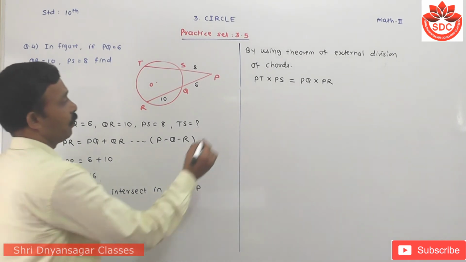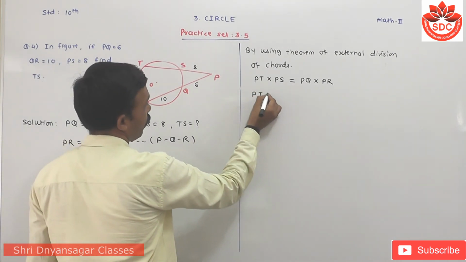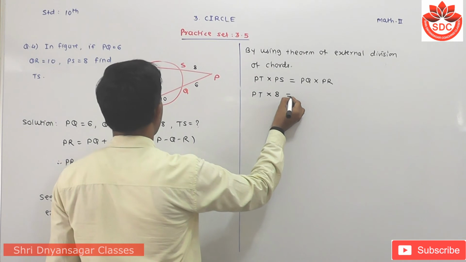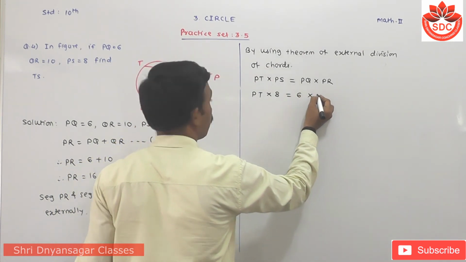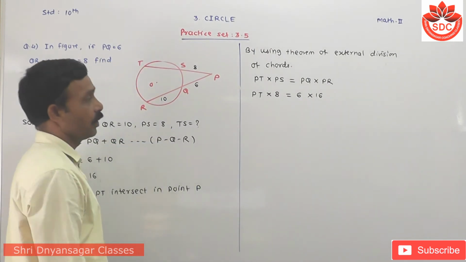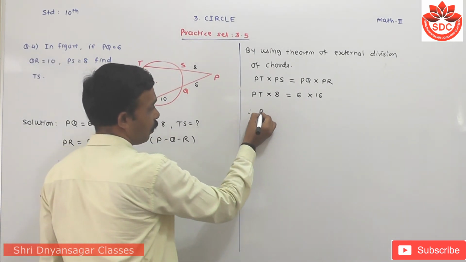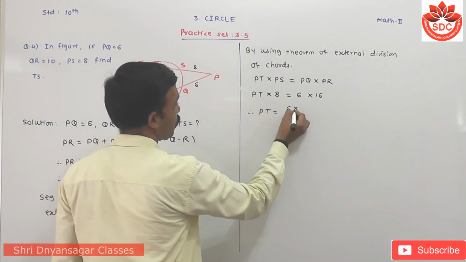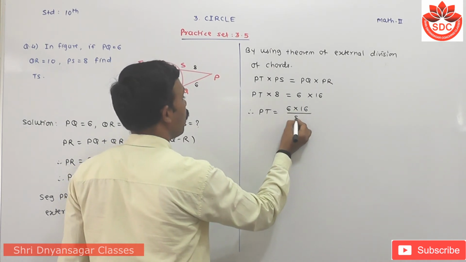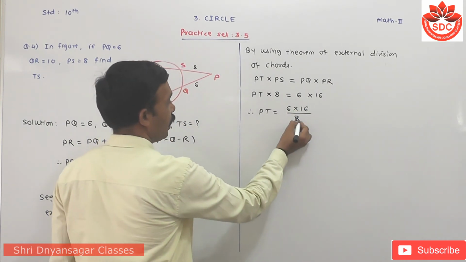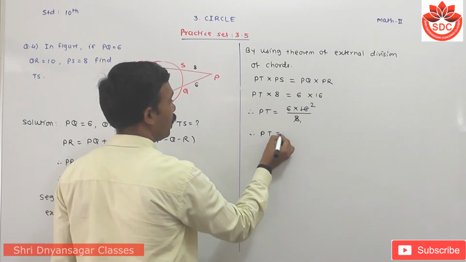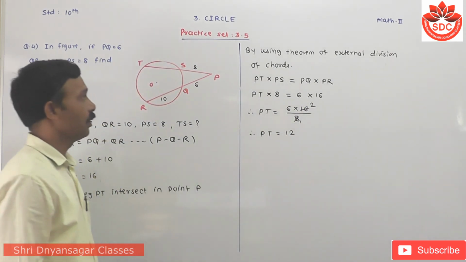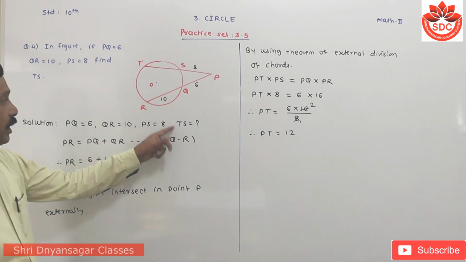Substitute this value. PT first find out here. PS is 8, PQ is 6 and PR is 16. 8 goes to the denominator. Therefore PT is equal to 6 into 16 upon 8. 8 1s are 8, 8 2s are 16. Therefore PT is equal to 12. But we have to find out the value of TS.